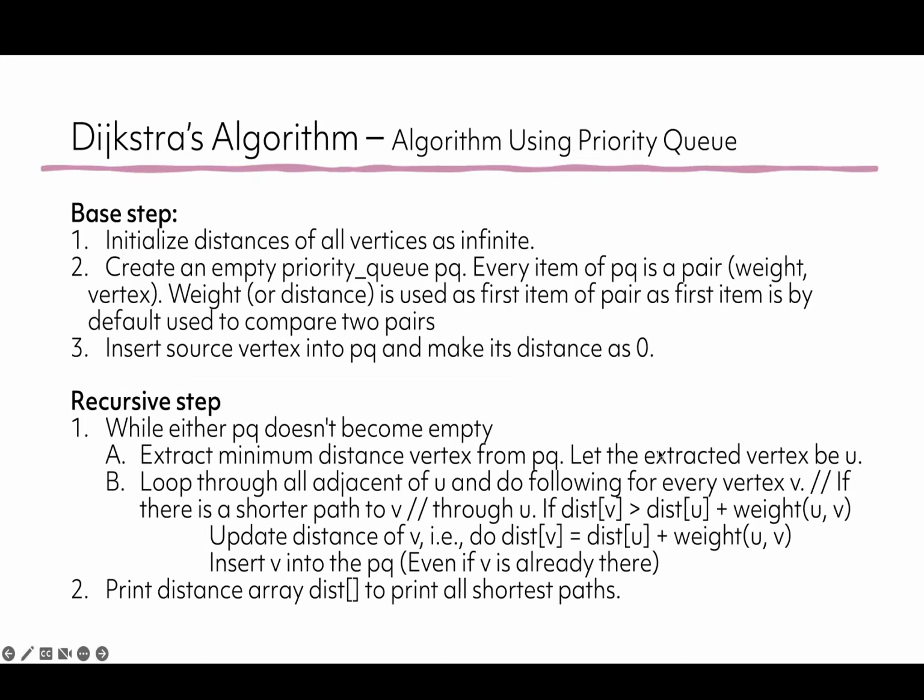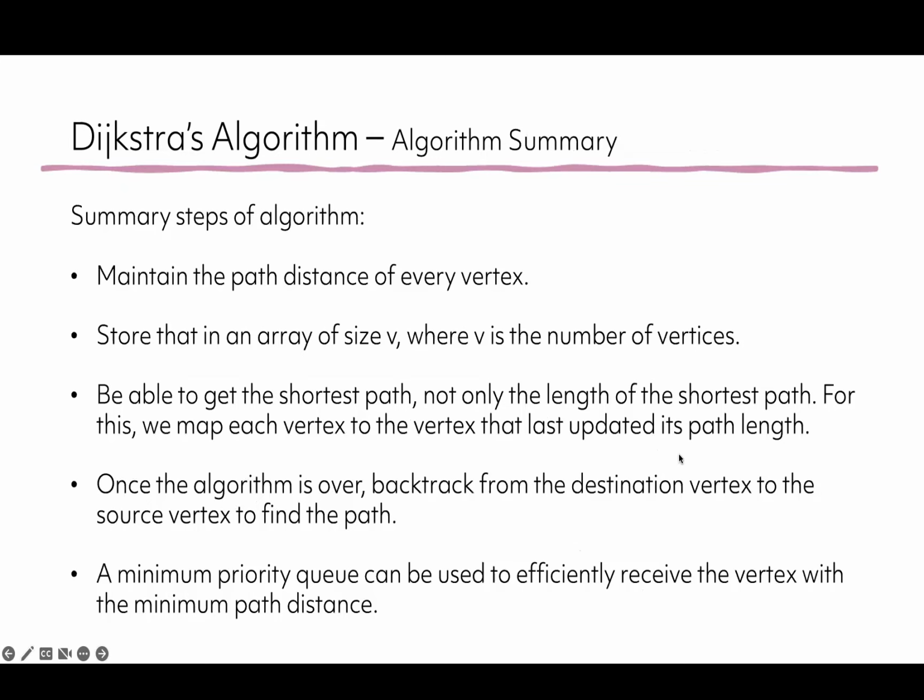This is the algorithm using priority queue. And this is a summary of the steps of the algorithm. We always maintain the path distance of every vertex and store that in an array of size V, where V is the number of vertices, and be able to get the shortest path, not only the length of the shortest path. For this, we map each vertex to the vertex that last updated its path length.